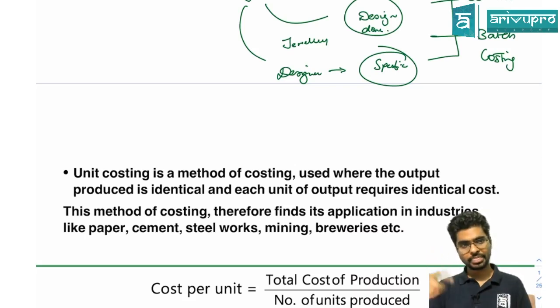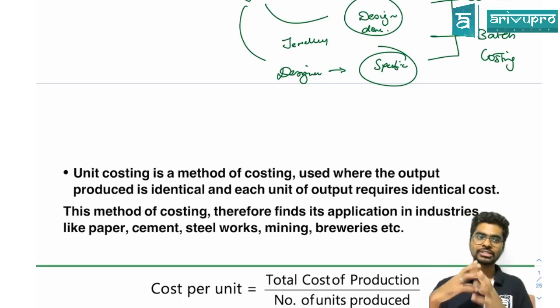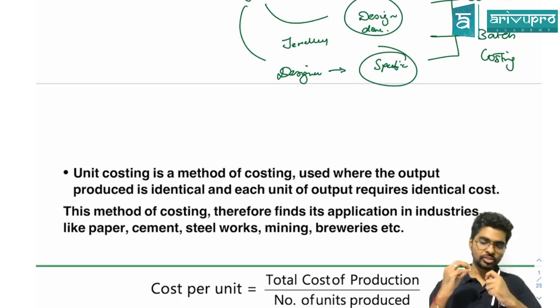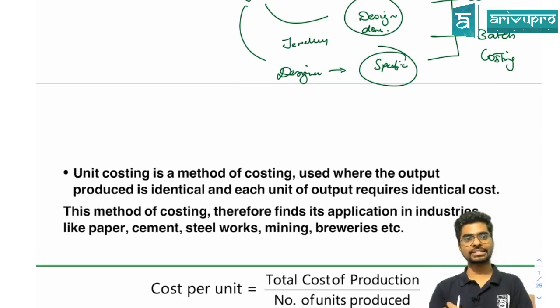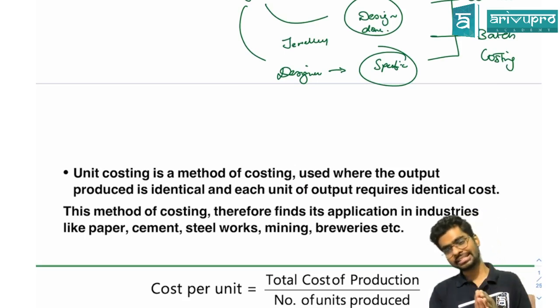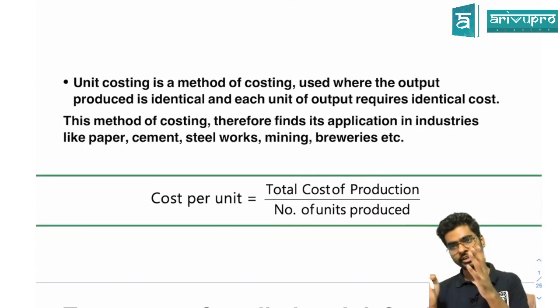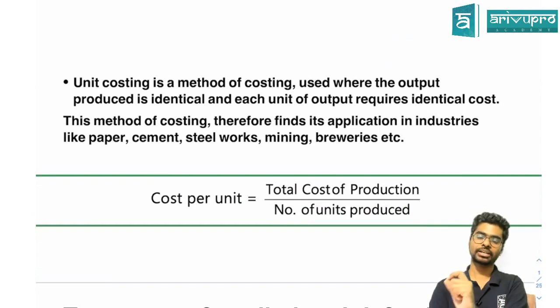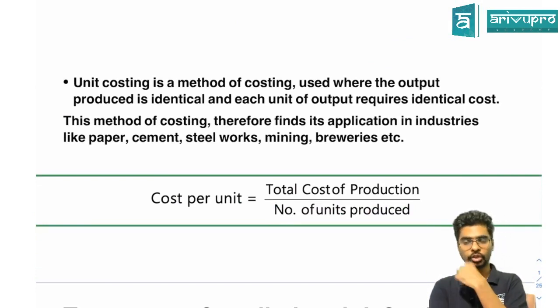What does it mean? The products you are producing are all of very similar nature, and the cost of manufacturing each product is also very similar. So it's very easy for me, because all the products are of the same kind. My cost per unit is calculated by taking the total cost divided by the number of units of production. Are you clear?